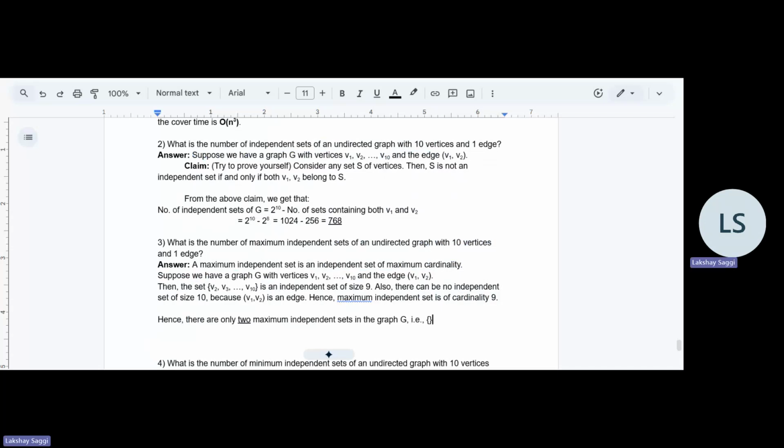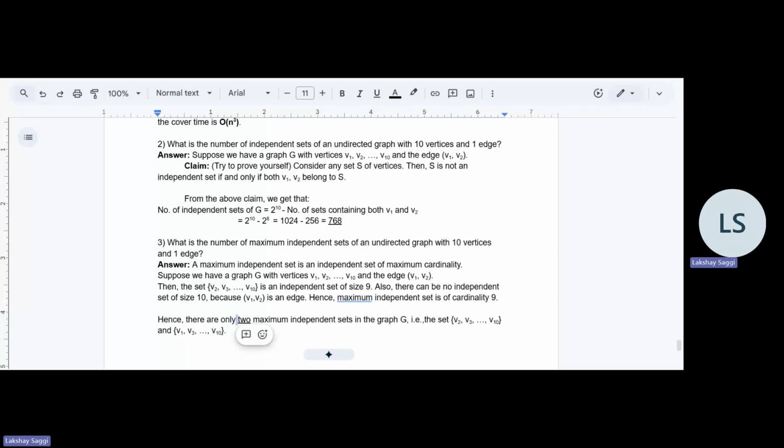What will be these sets? The first set will be the set which we already described, this one, and in the second set V2 will not be there, but V1 will be there. The set this and this. So these are the two sets which will be the maximum independent sets in the given graph. So 2 is the answer for this question.